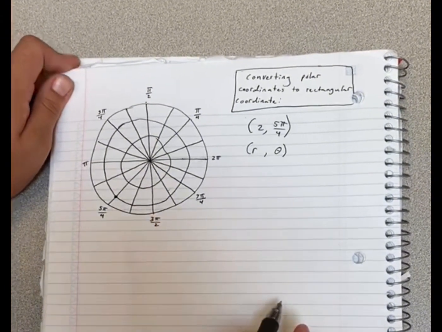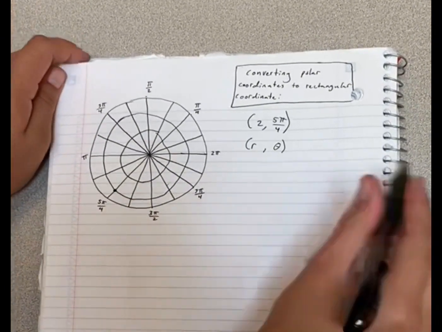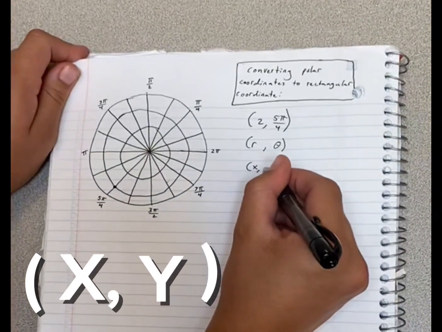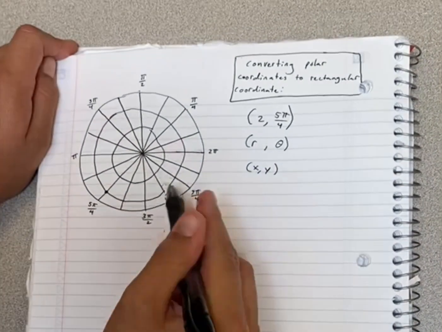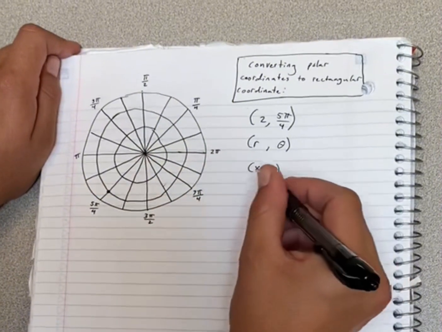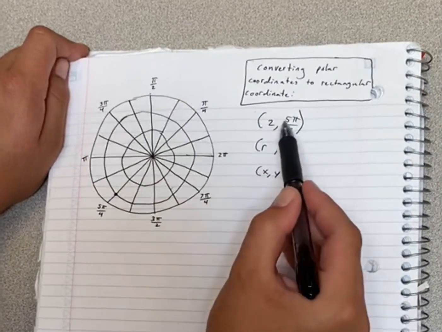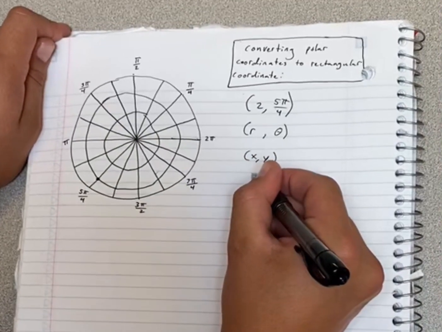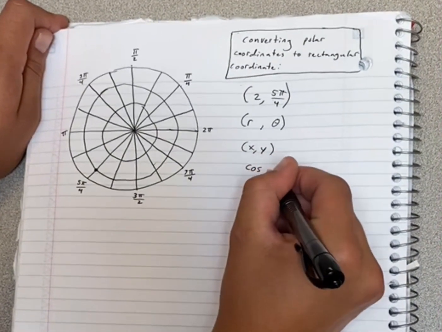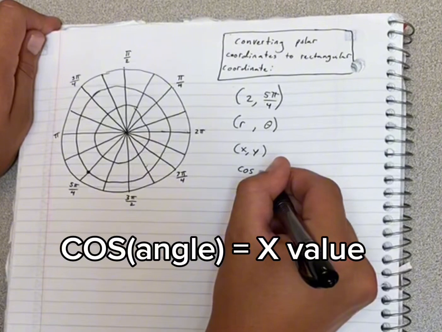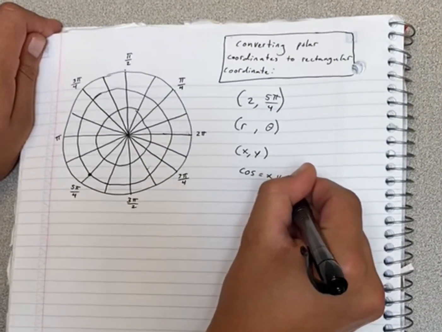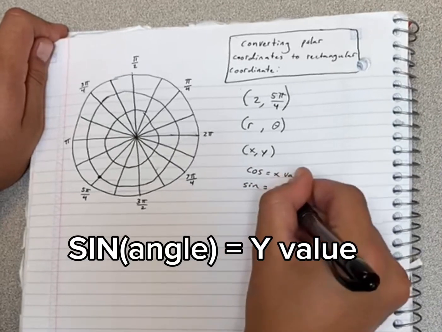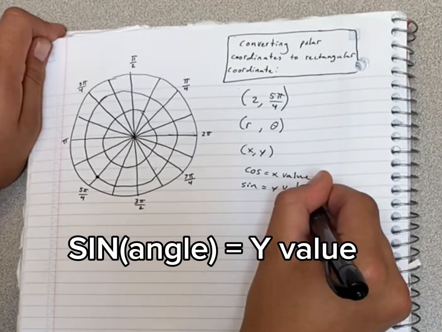So first thing you wanna do to find the rectangular coordinates, so rectangular coordinates are in x, y form, so we're gonna find that here. How to find that is you do the cosine of this angle and the sine of this angle. So remember, the cosine is the x value, sine equals the y value.